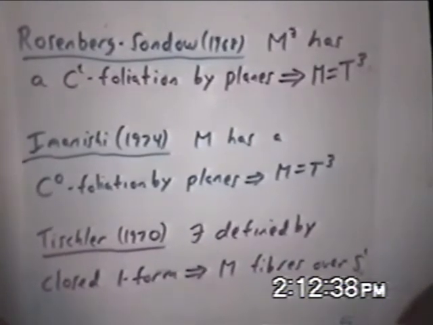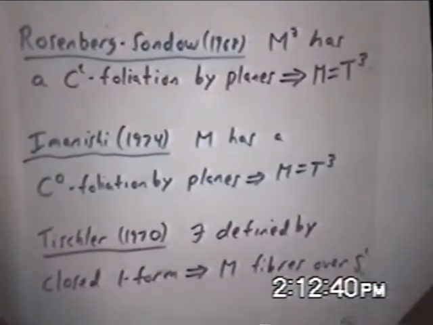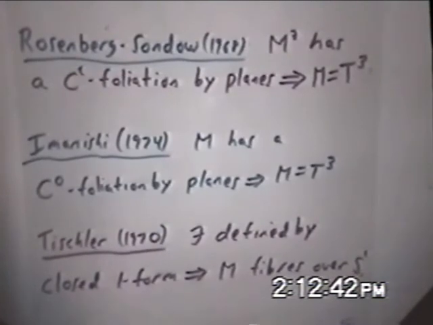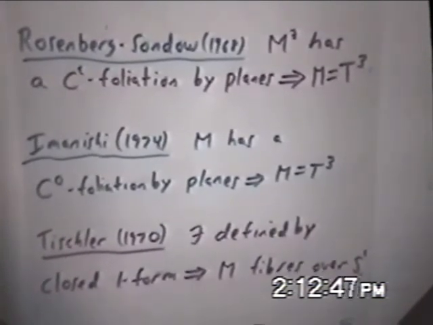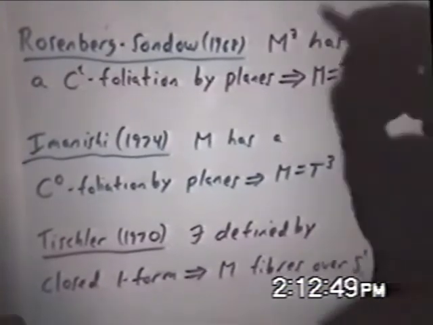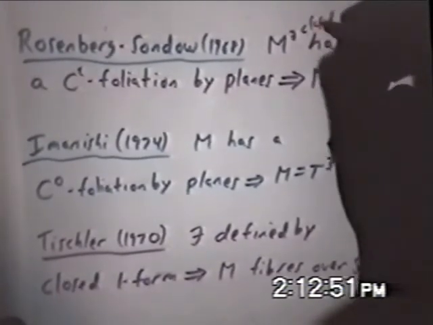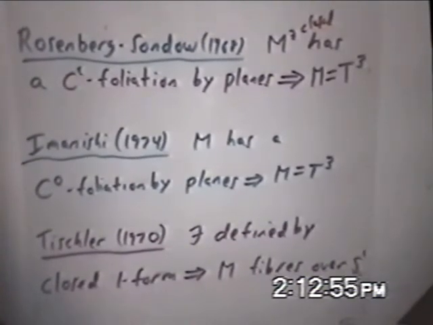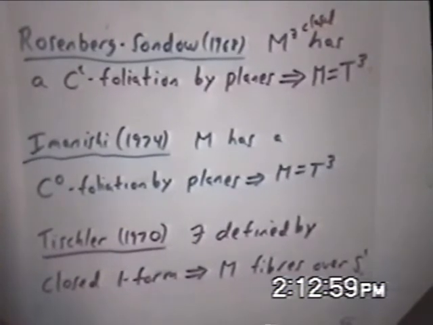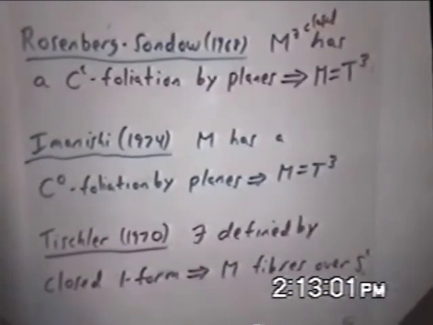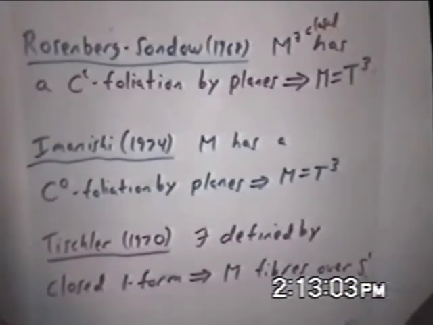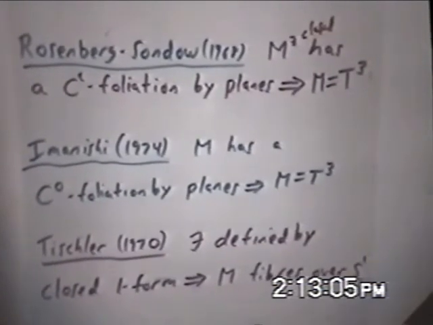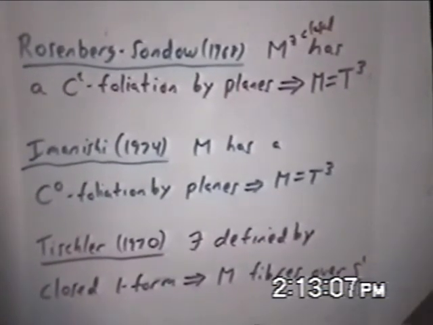And Rosenberg and Roussarie used that to show that if you had a C2 foliation of a closed three-manifold by planes, then the manifold itself is a three-torus. And actually, for them, the C2 is needed, Sacksteder's theorem is not right for C0, for example.